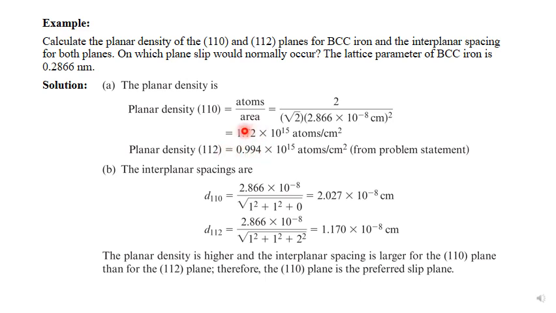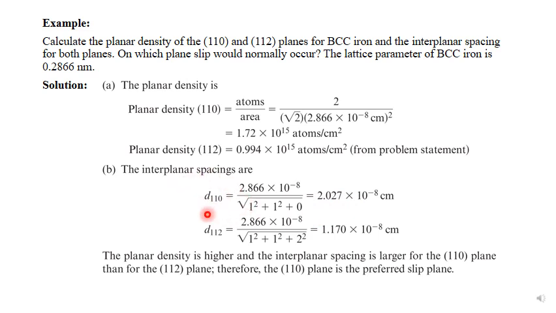This is more dense. The density is higher in comparison to the density of this one. And we do expect logically that the slip would easily occur when the spacing or the distance between one plane and the other is higher. And the criterion is met here.